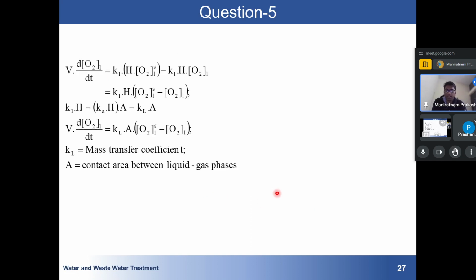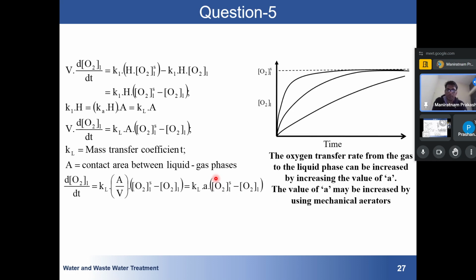After substituting all the values, I can derive this equation, but I'm not going to discuss it. After substituting the different values, the rate at which oxygen should be given in your aeration tank is given by KLa by V times the oxygen in the liquid at saturation.